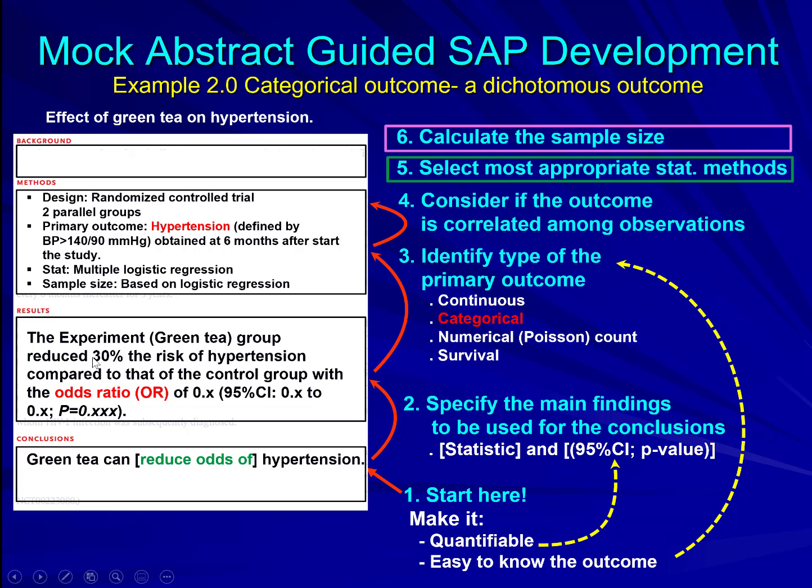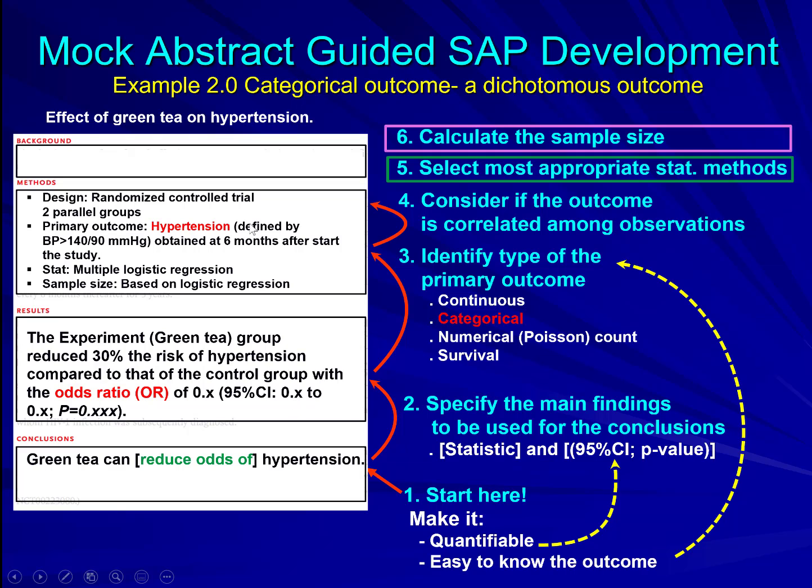I say reduce by 30% means that the effect here is about 0.7. 0.7 is 30% less than 1. 1 means no difference. If more than 1, we say how many times the risk or the odds of the experiment group compared to the control group. So that's how to interpret the measure.